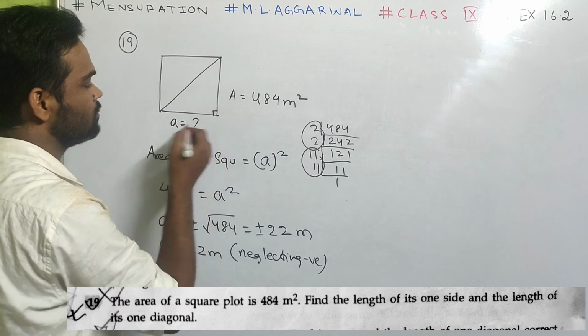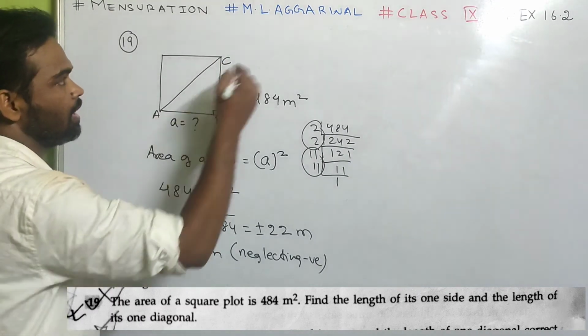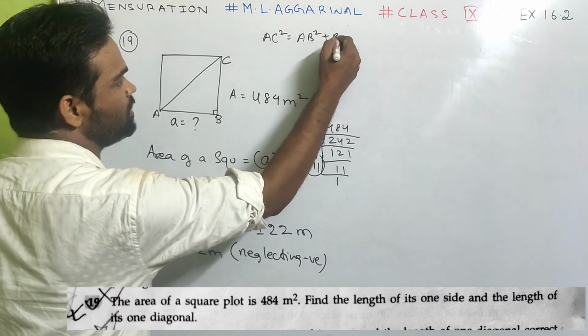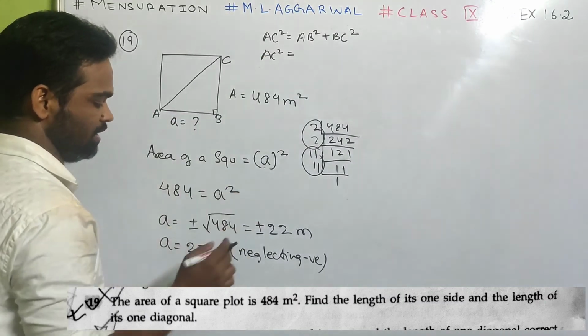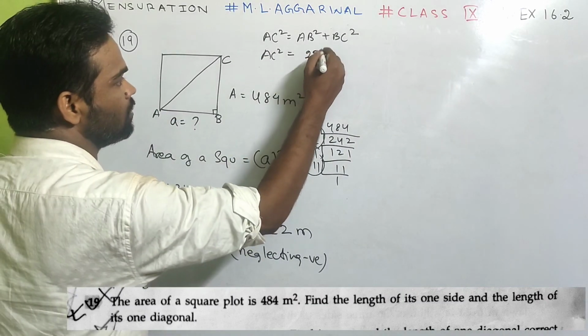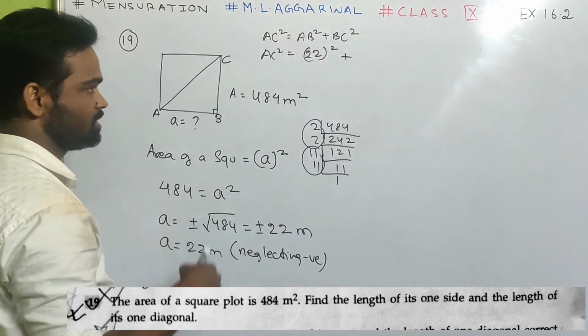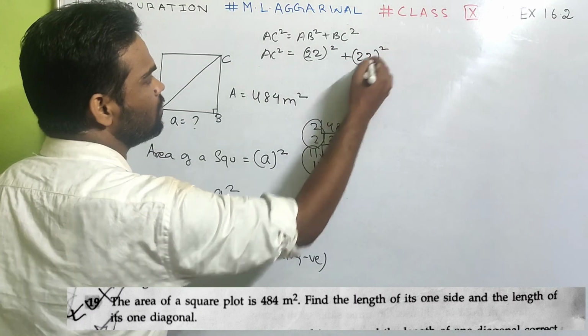Pythagoras theorem. A, B, C. AC square is AB square plus BC square. Remember? So AC square, AB is the side, which is 22 square, plus BC square. BC again is the same, 22, so 22 whole square.